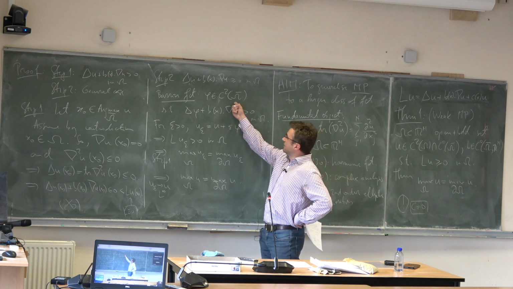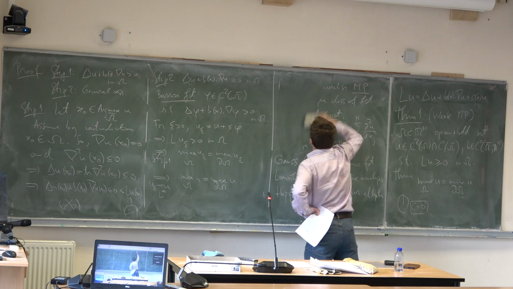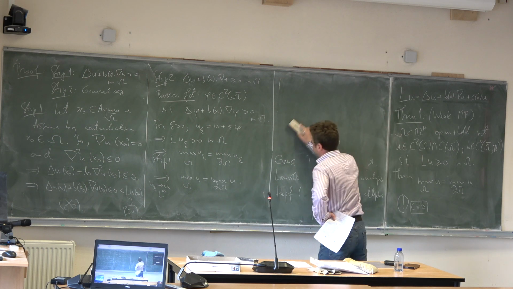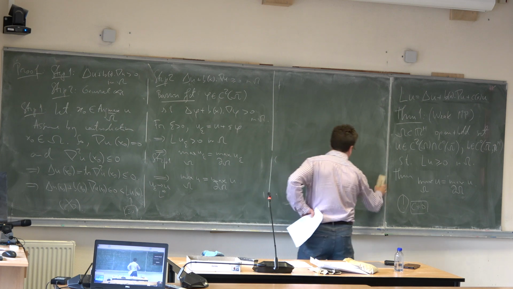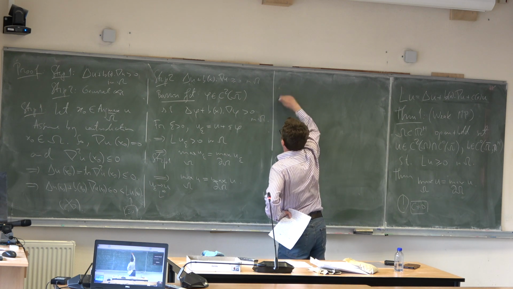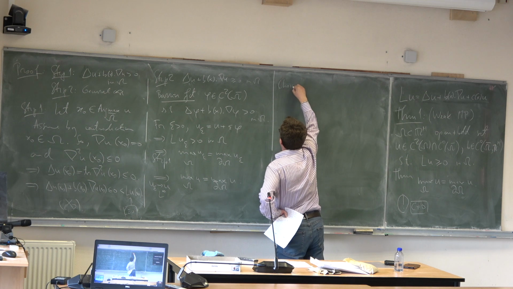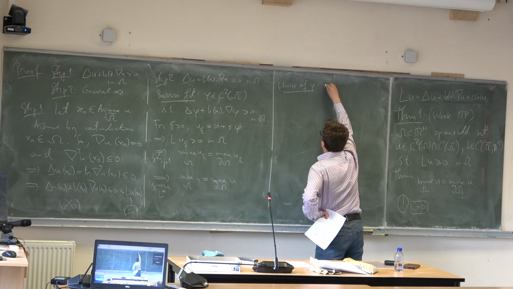So the only thing that remains to clarify is how do you construct this barrier function? Okay. So the choice of phi, it's an exponential in one direction.